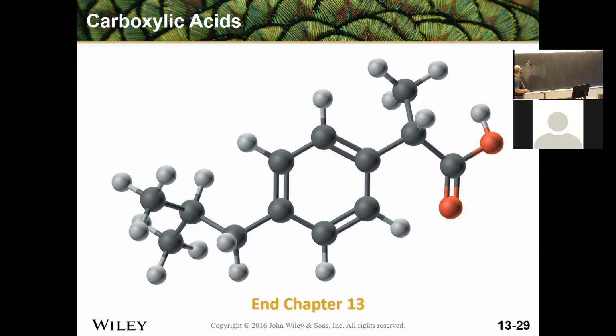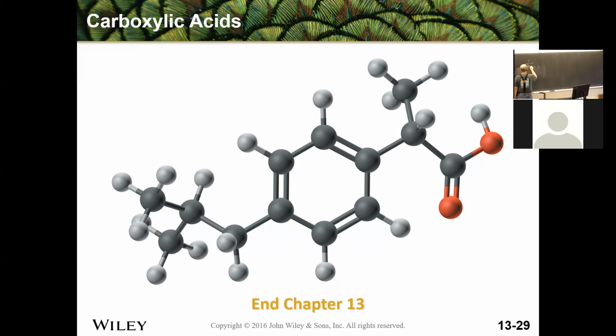Looking at the simplest carboxylic acid, where R is an H, this looks like maybe it could be an aldehyde, but it's actually a carboxylic acid. It behaves like a carboxylic acid. I'll give you both the IUPAC and the common name.